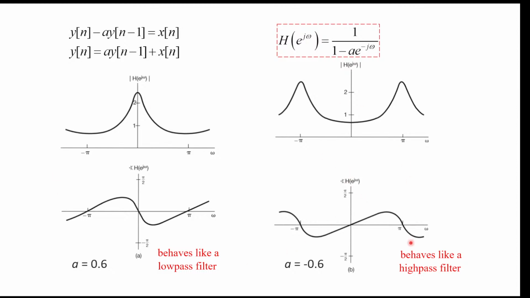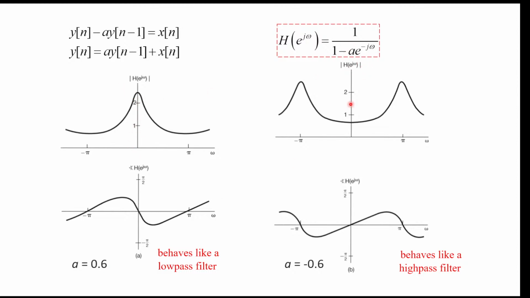Okay, so you see that for this positive a equal to 0.6, it's like a low-pass filter. The absolute value of H is higher when omega is around 0, and you can think about it as 1 over 1 minus a here for positive a, so it's higher. Okay.